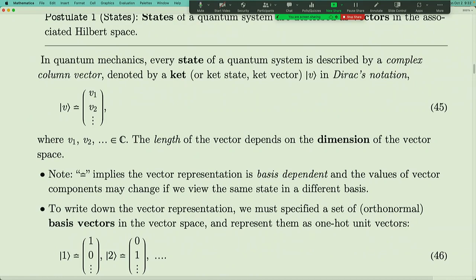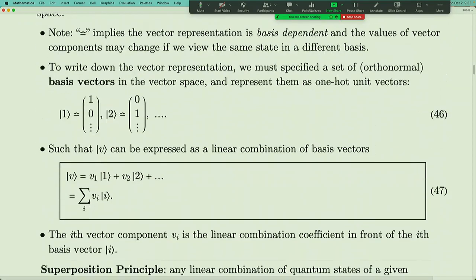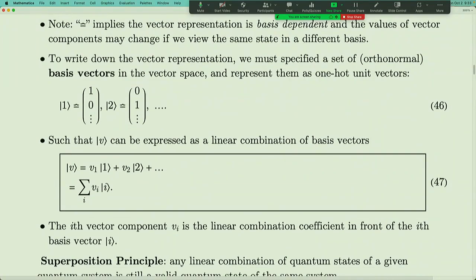That's why these values may change if we view the same state in different bases. So in that case, I use a hump equal sign to indicate that the result following it is basis dependent. But maybe we don't need to worry too much about that for now. You just need to think that this ket symbol, or the ket state, corresponds to a column vector.